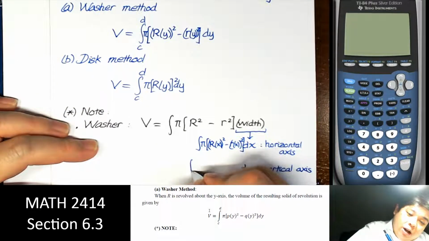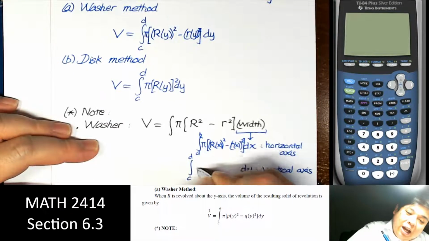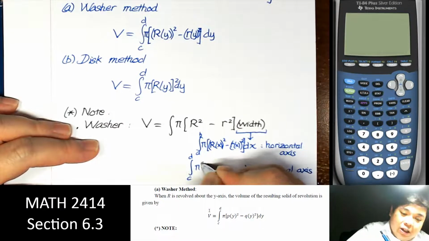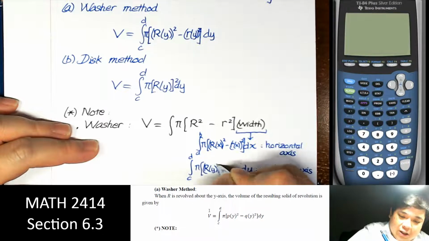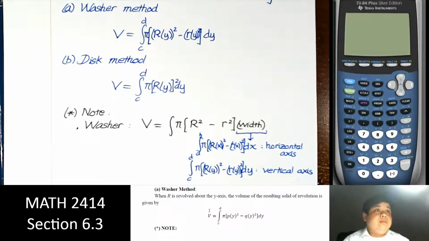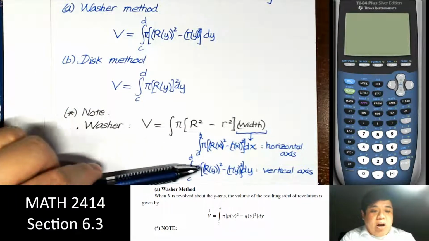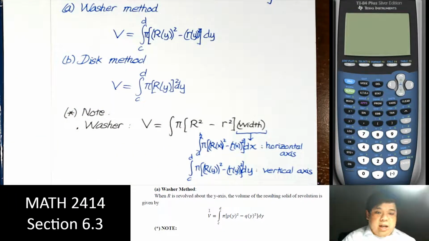And if it's dy, let's put the limit a to b here, c to d. And if it is a function of y, it will be the function of y squared minus little r of y squared. So if it is dx, we use the function of x. If it is dy, we use a function of y. And that's just that.